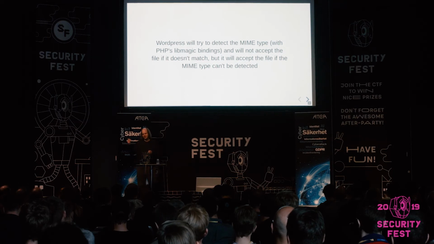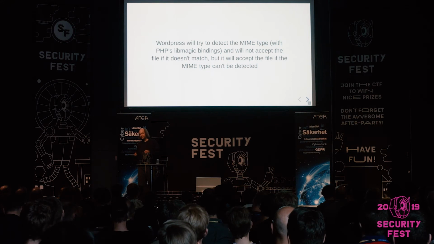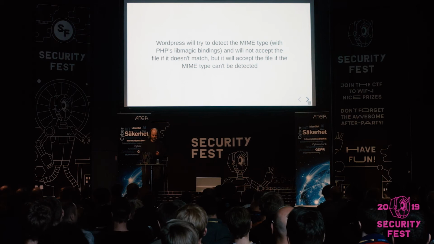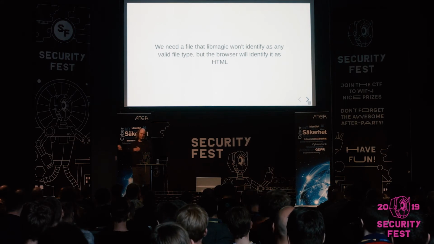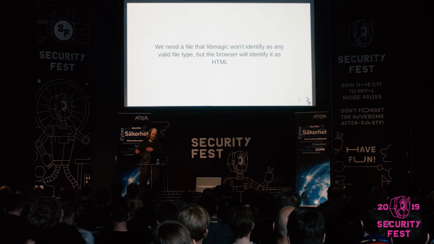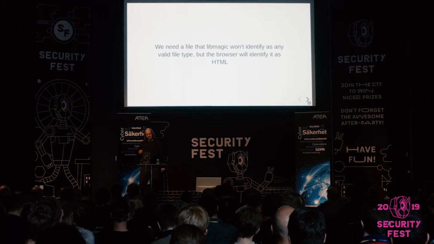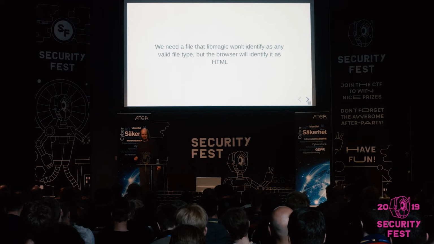And if it doesn't match what it expects, then it will not be accepted. But if it cannot detect the file type, then it will be accepted. So we need to create a file that libmagic, which is kind of the backend library to detect file types used by PHP and then used by WordPress, will not identify as a valid file type, but the browser will identify it as HTML.